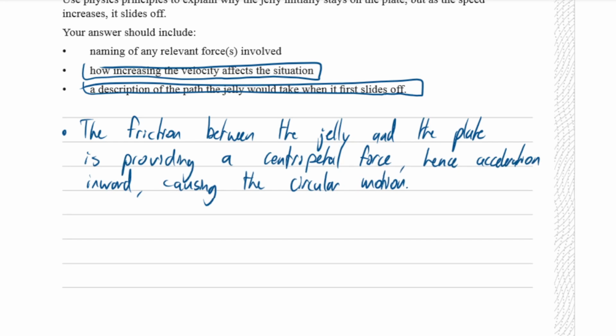So pretty much exactly what I had before, but much more concise. So friction is the force. It is linked to the centripetal force, like the net force, resulting in an acceleration, causing that circular motion.